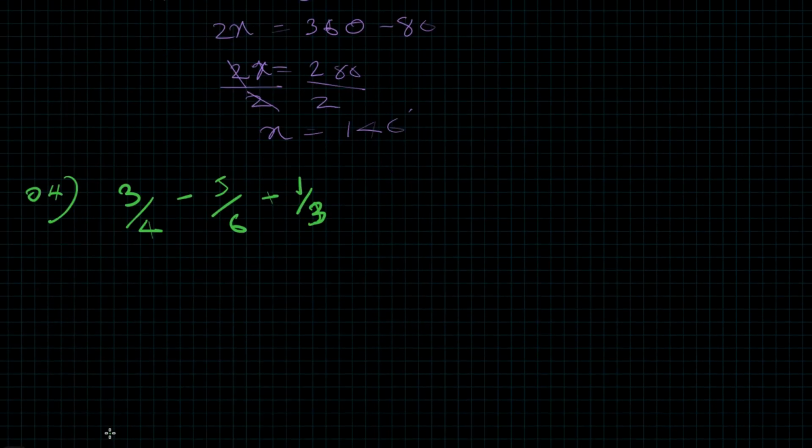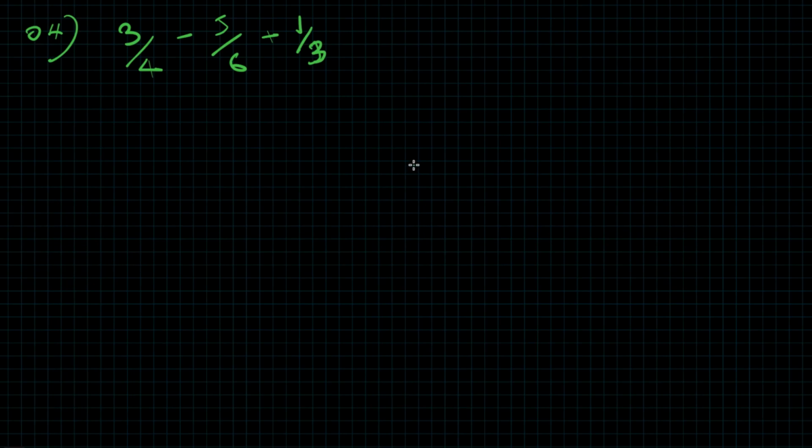Now let's go up. Here we need to figure out the smallest common multiple of 4, 6, 3, because to simplify these fractions we need to make the denominator the same in all the fractions.